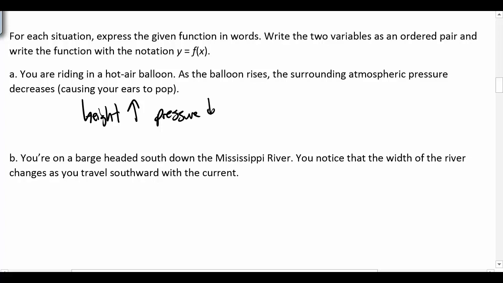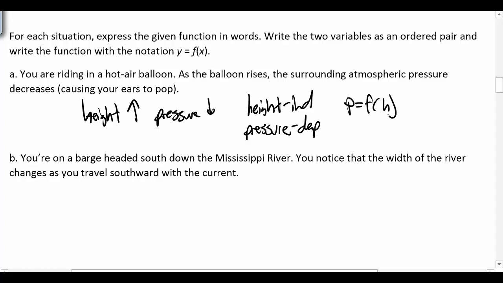What would be our independent and dependent? Well, the height is going to go up on its own. The pressure depends on how high up we are. So the height would be our independent, and the pressure would be our dependent for this case. So pressure would be a function of height.